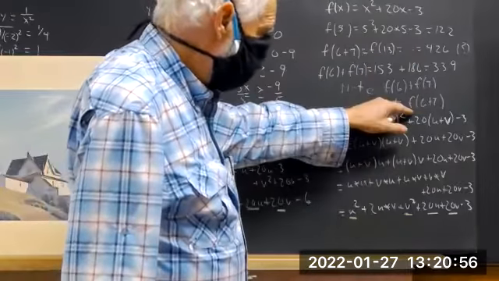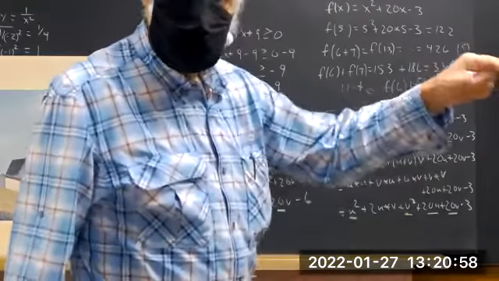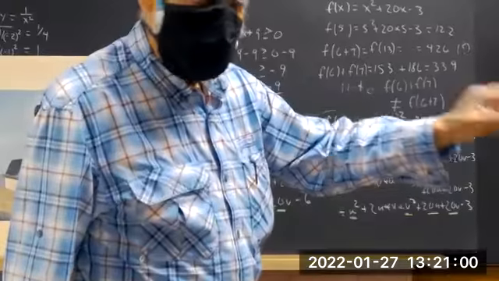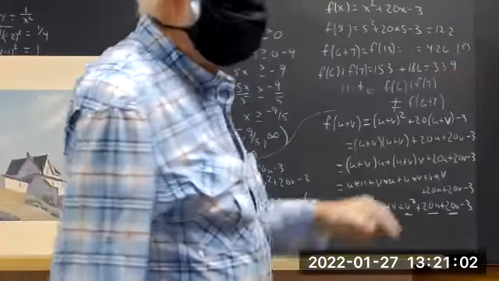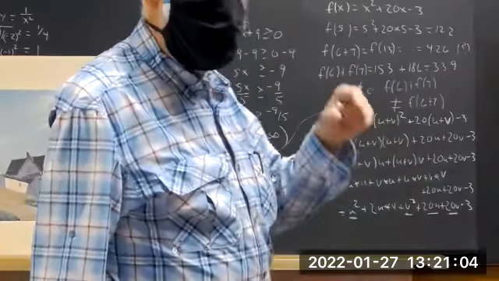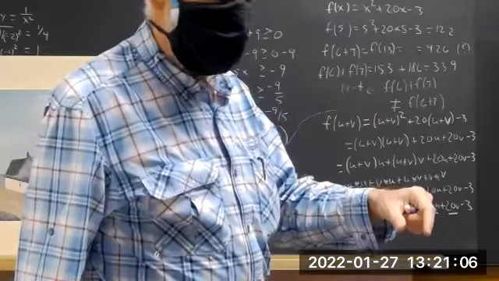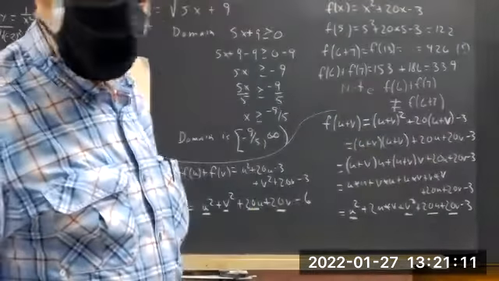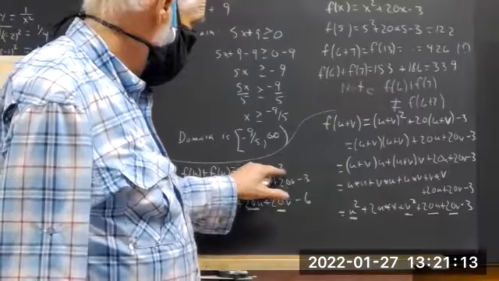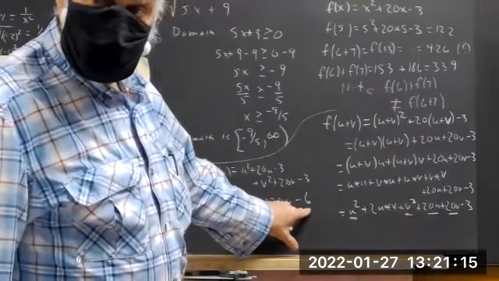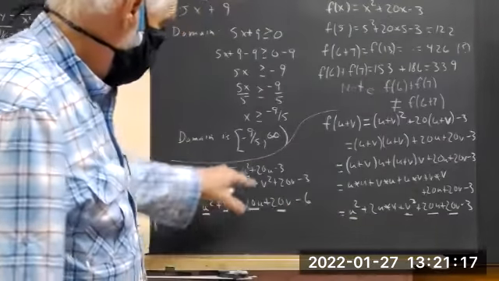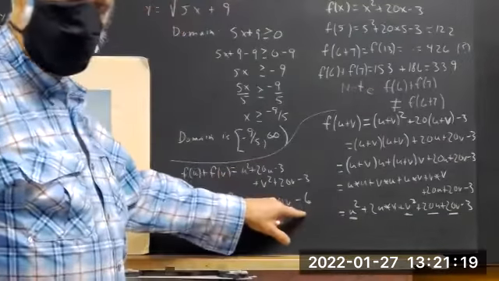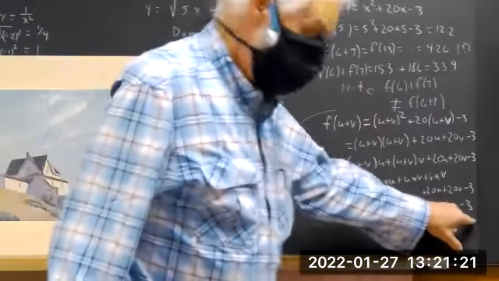If it was a linear function, f of 6 plus 7 would equal f of 6 plus f of 7. It's not true. If f of x is a multiple of x, then you would have a distributive law. If you've got a constant term in there, like a minus 3 here, you see what happens. You get a minus 3 for the f of u, and you get a minus 3 for the f of v, so you get minus 6 there, and that doesn't match, right?